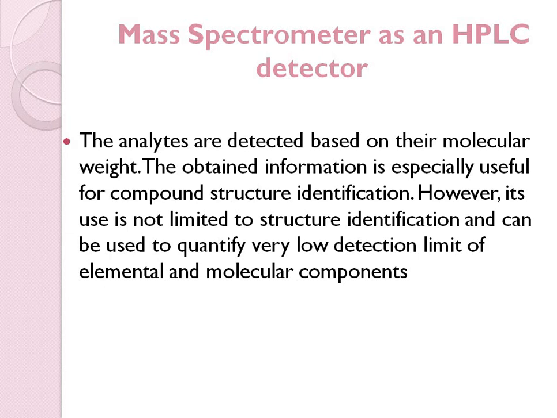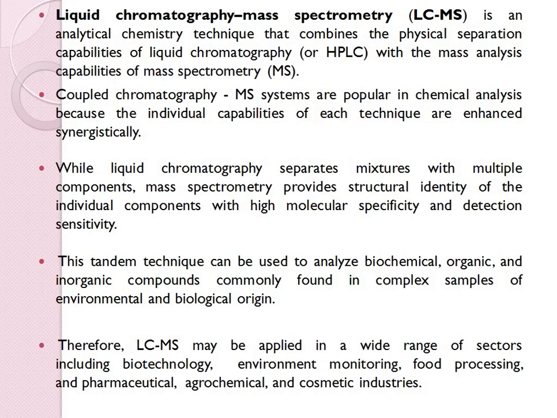By using the molecular weight we can identify the fragments also, and probably we can detect the structure also. When liquid chromatography is attached to the mass spectrometer detector, it is termed LCMS.